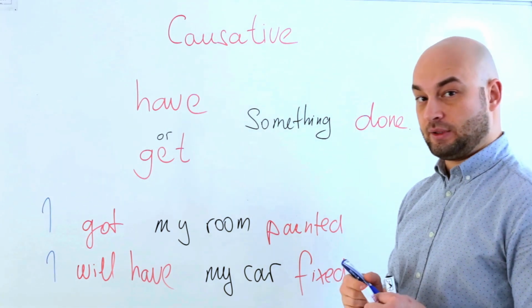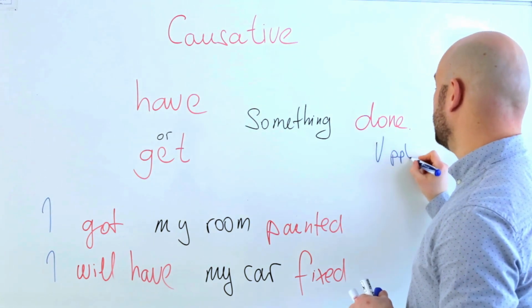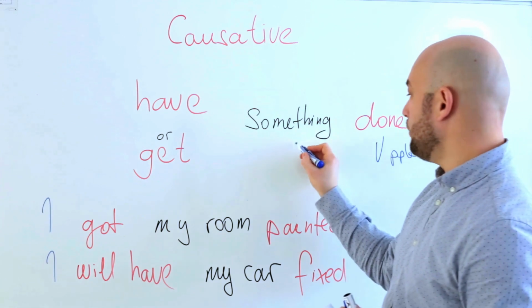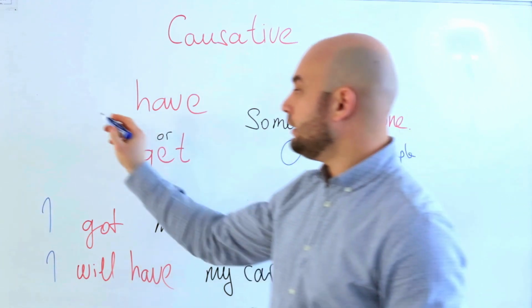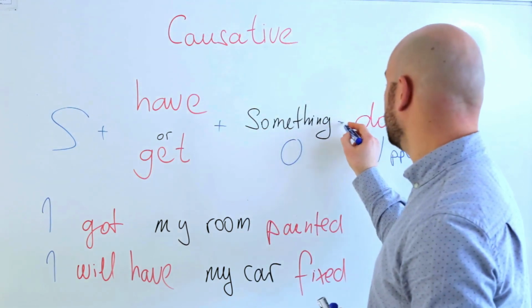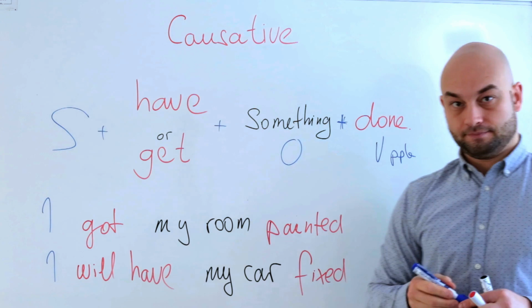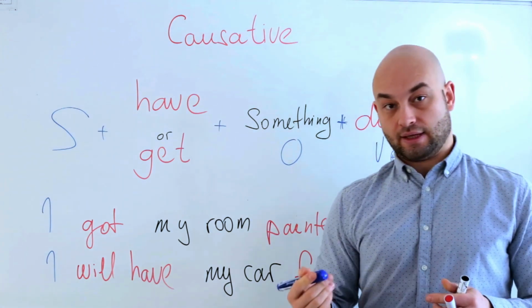Yeah? Past participle. The verb is in past participle. This is the object, and here we have the subject. Okay? It's really as easy as that.